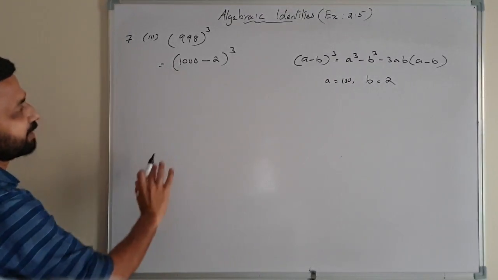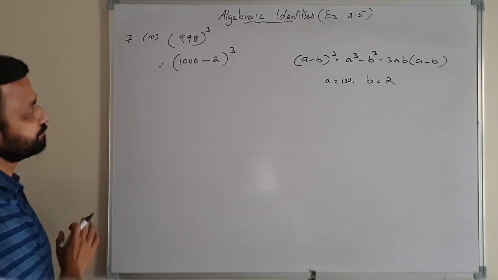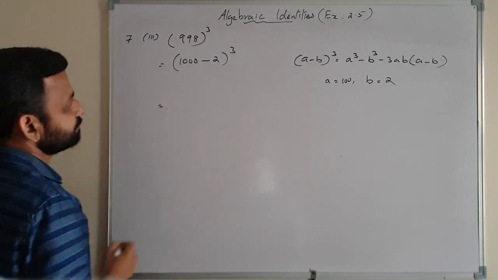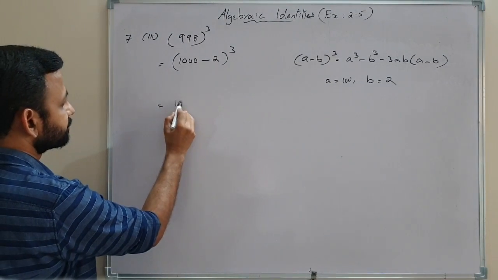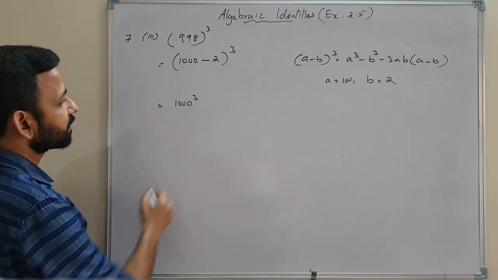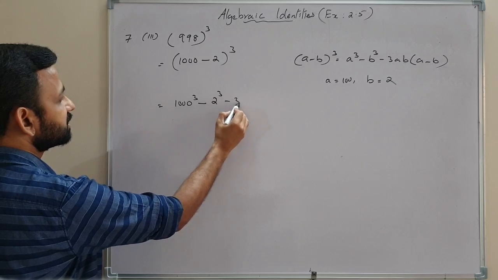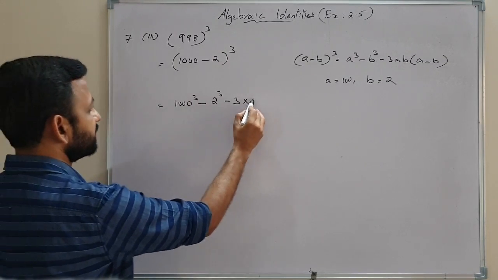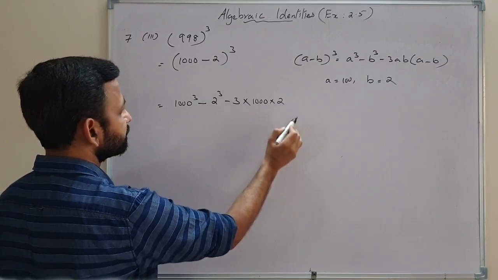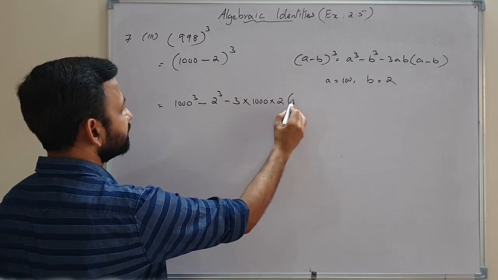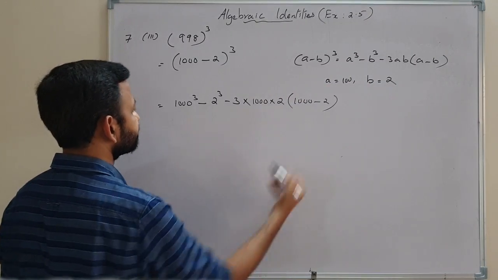Now we can expand by using that identity. Equal to a cube, 1000 cube, minus b cube, that is 2 cube, minus 3 into a into b, that is 3 into 1000 into 2, in bracket a minus b, that is 1000 minus 2.